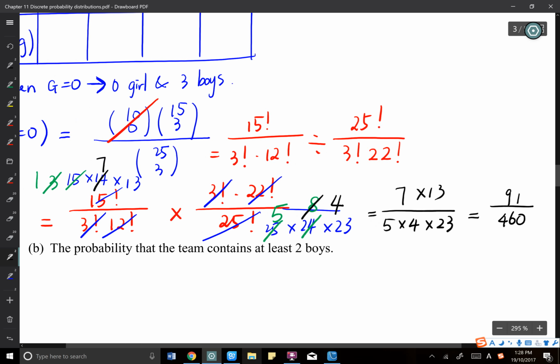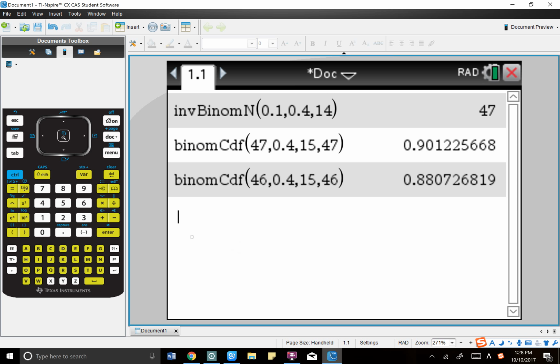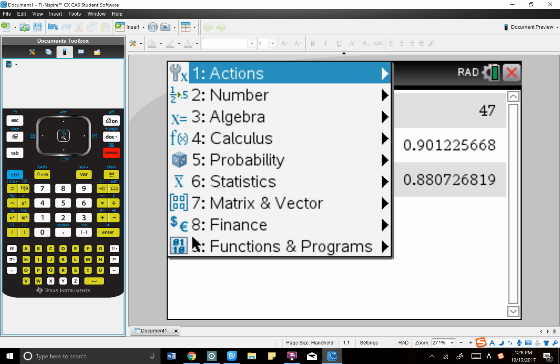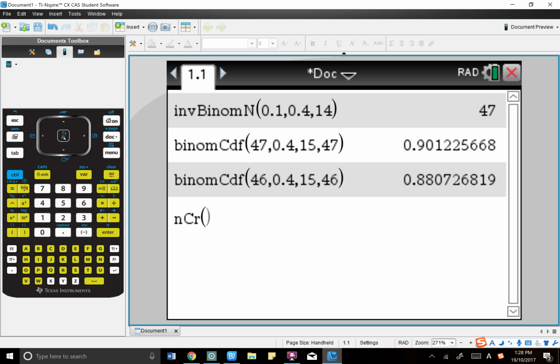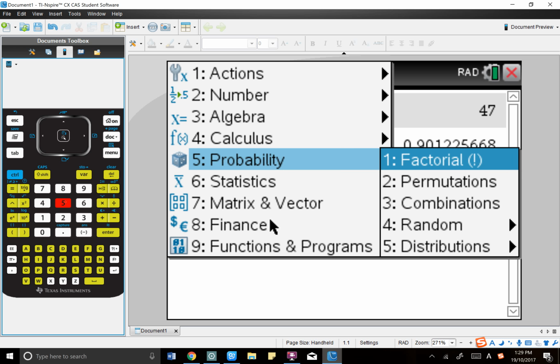I'm not sure if I calculated this correctly, to be honest. I think it's correct if I'm not doing anything silly, but I need to check it in the calculator. Menu 5, combination is 3. So what you do is 15, comma 3, and then divide by 25, comma 3.